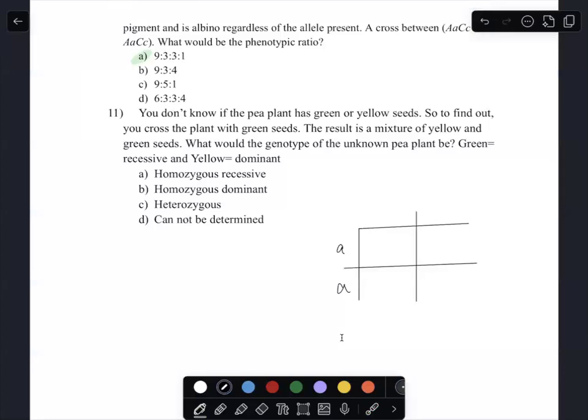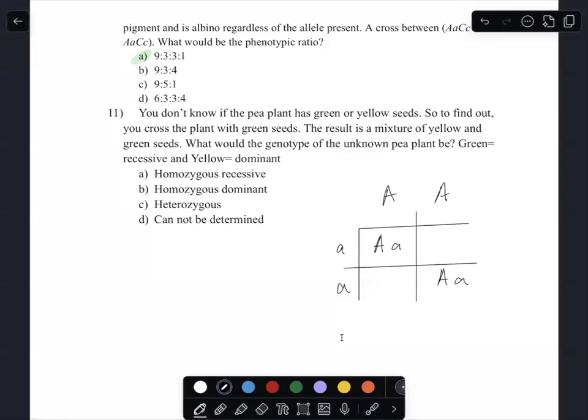So if we had, let's say we had a homozygous dominant, right? But if we did that, all the kids would be heterozygotes, and they would all be yellow. But that's not what happened when you cross them.